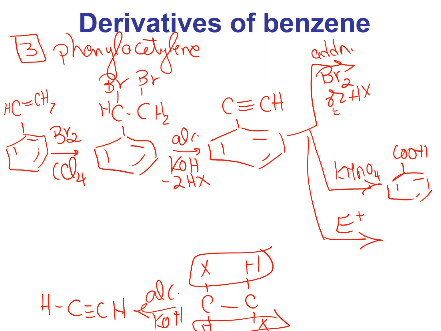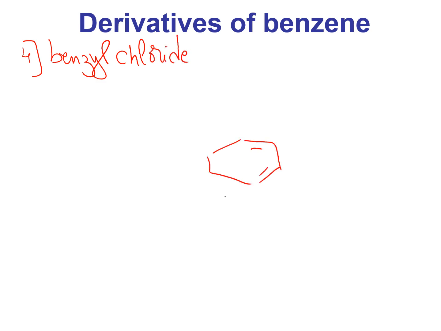The fourth and the last derivative is the benzyl chloride. A benzyl chloride is a benzene ring attached to a methylene group and a halogen. This is how a benzyl chloride will look. A benzyl chloride is a very specific and special case because this halogen is attached to an aliphatic CH2.